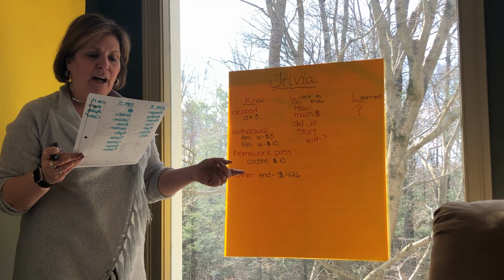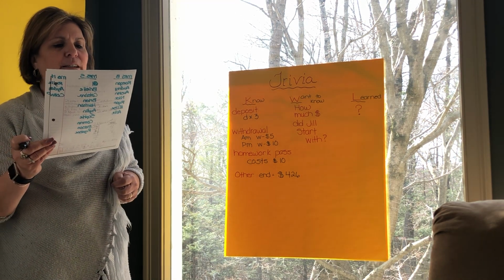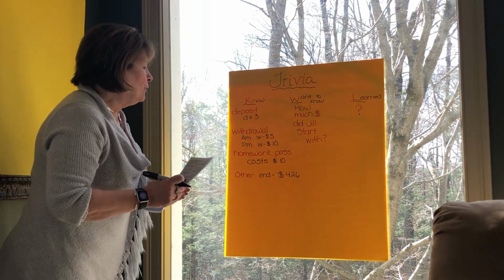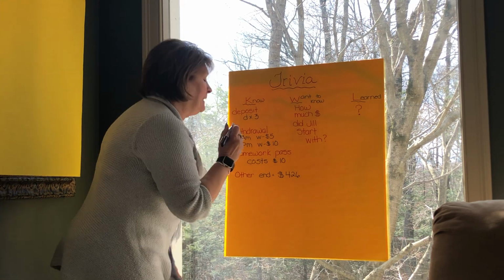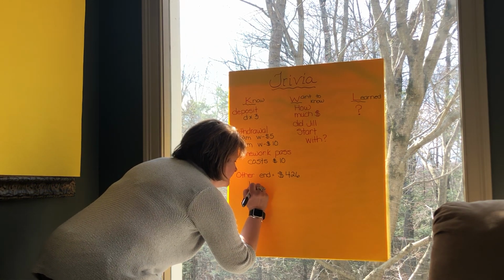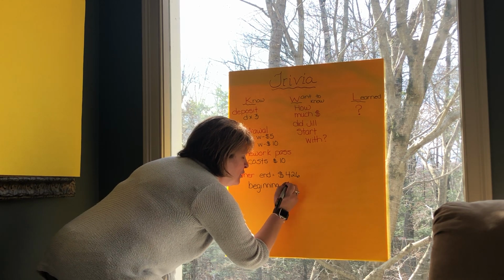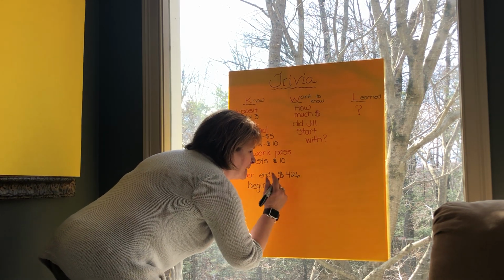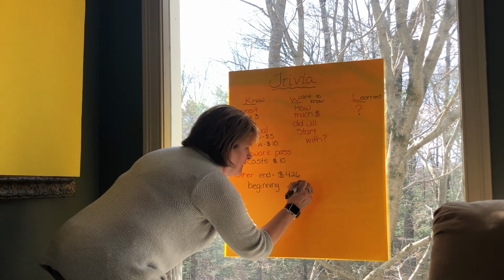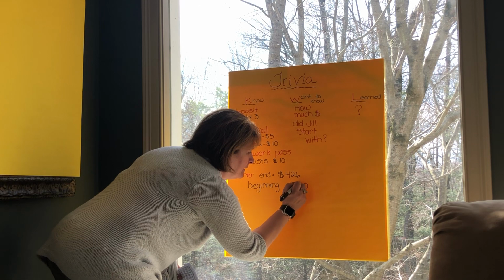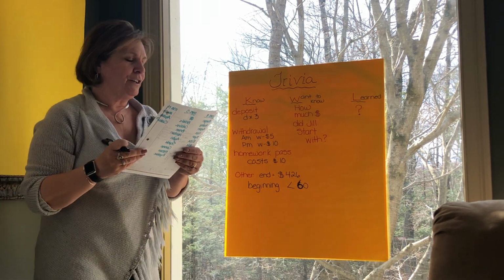Wow, yelled Pam. I didn't even have 60 Kevish dollars when I started. So we know that in the end, she was going to have 426, and in the beginning, which is what we want to find out, she had less than 60 Kevish dollars when she started.